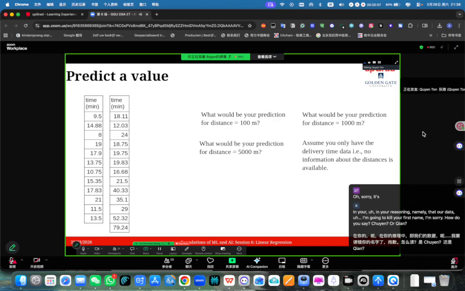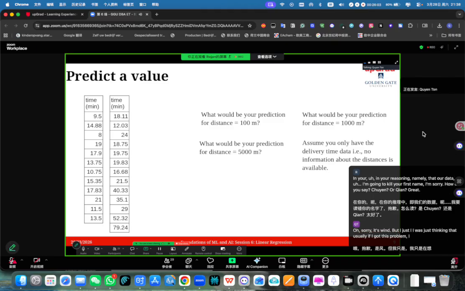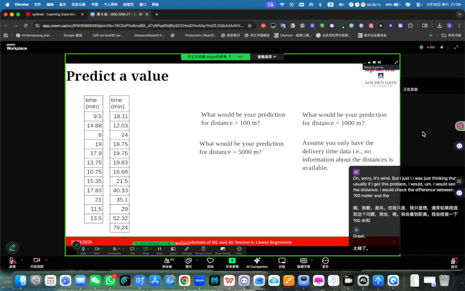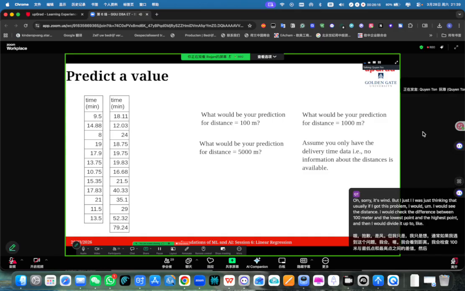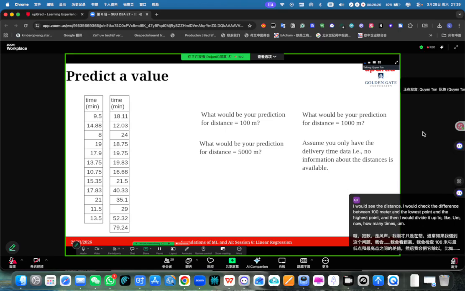But I was just thinking that usually if I got these problems, I would see the distance. I would check the difference between 100 meters and the lowest point and the highest point, and then I would divide it up by the number of time frames here.